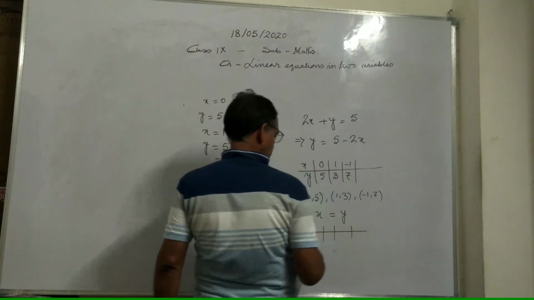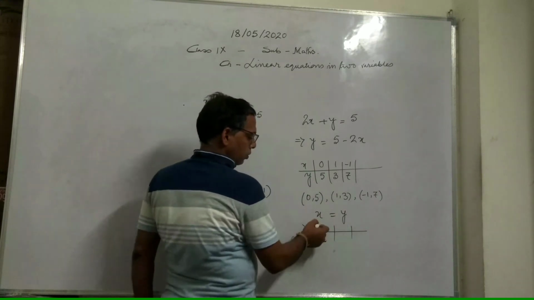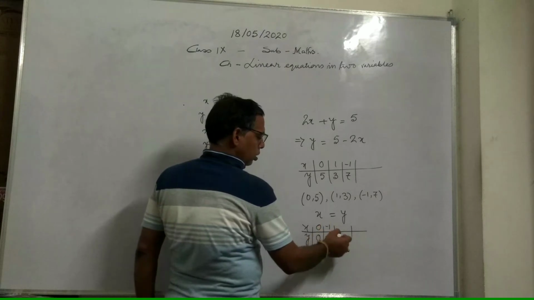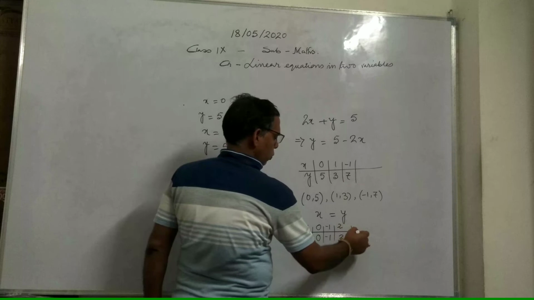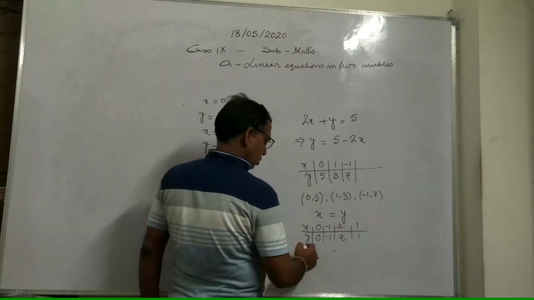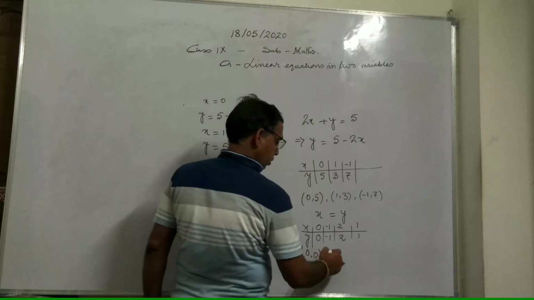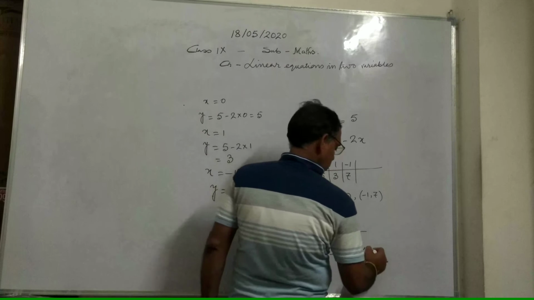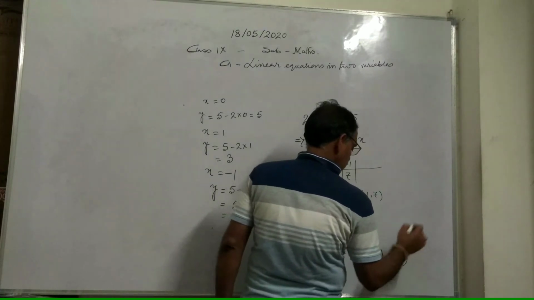So suppose y is 0, x is 0. y is minus 1, x is also minus 1. y is 2, x is also 2. y is 1, x is 1.